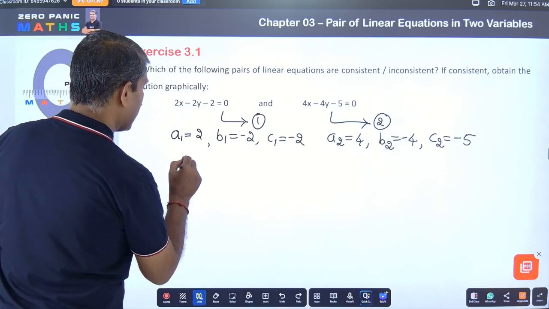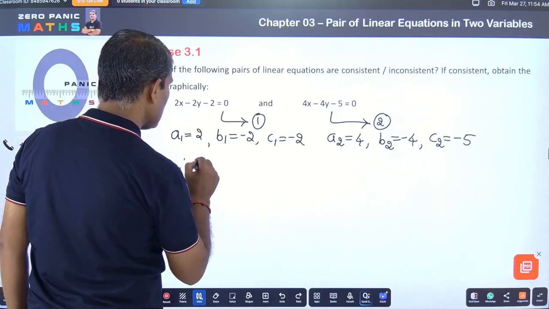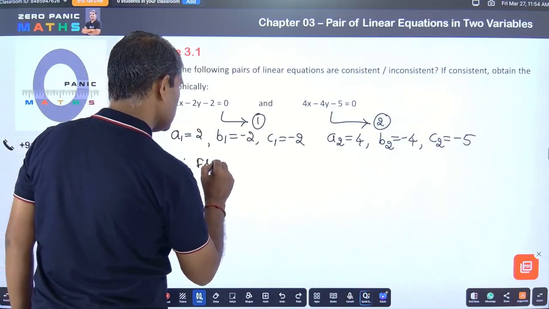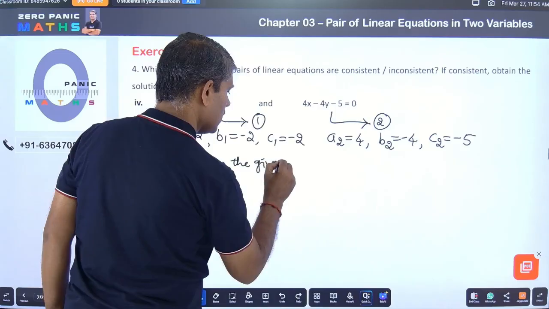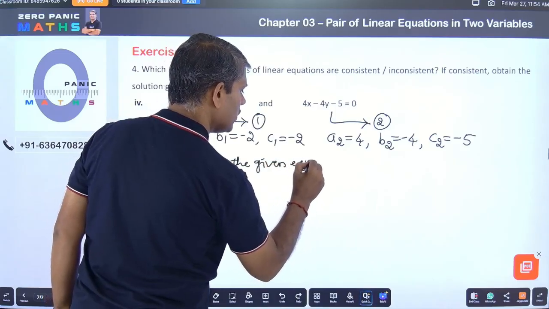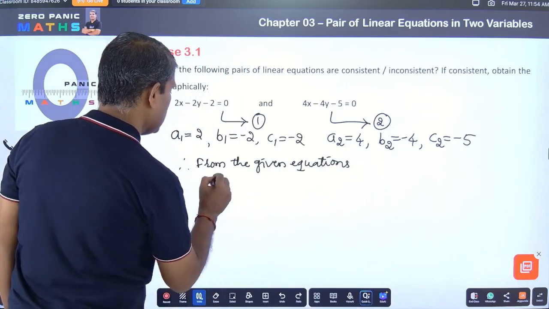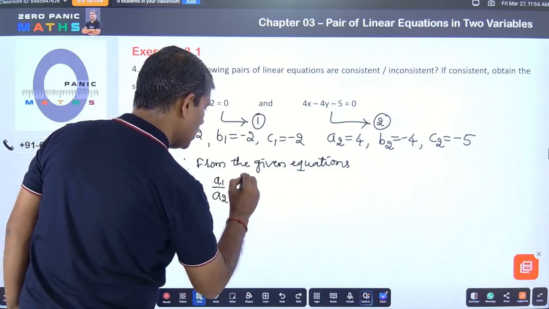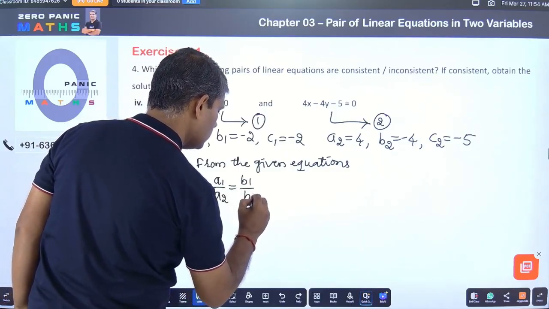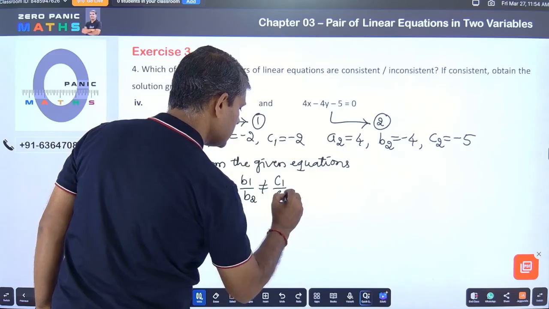So therefore I can directly say that from the given equations, a1 by a2 is equal to b1 by b2, but that is not equal to c1 by c2.